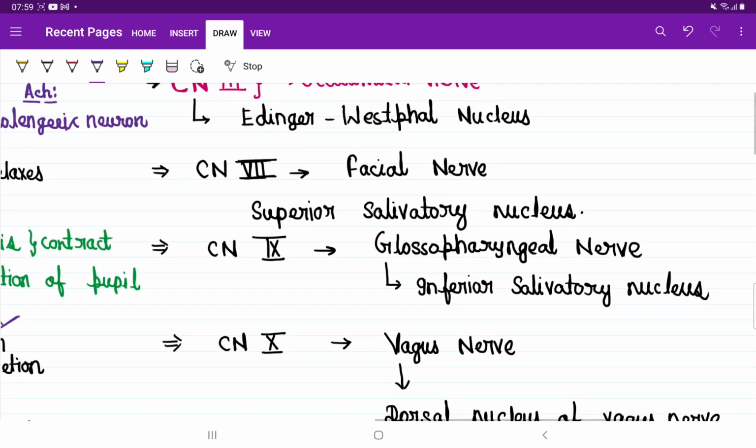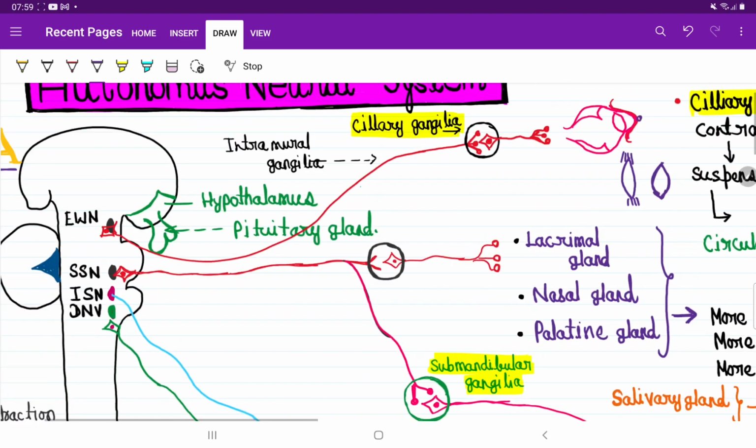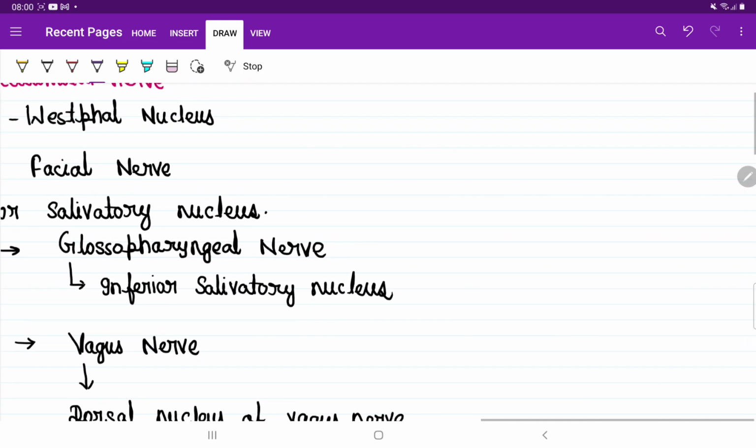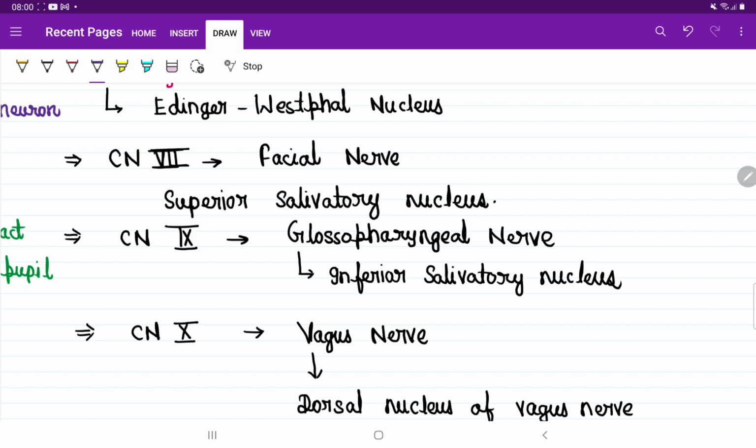Actually, this is the glossopharyngeal nerve, the ninth cranial nerve. Sorry, I said 7. The seventh will start from the superior salivatory nucleus. From the inferior salivatory nucleus, the glossopharyngeal nerve, the ninth cranial nerve, will start.